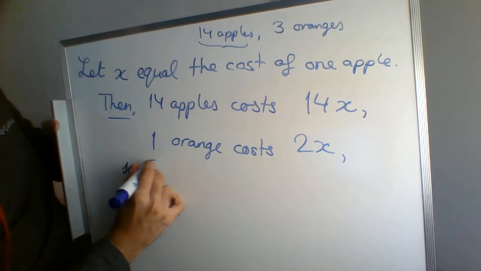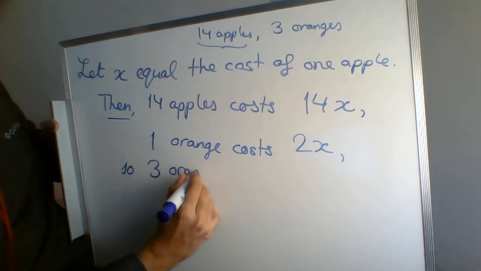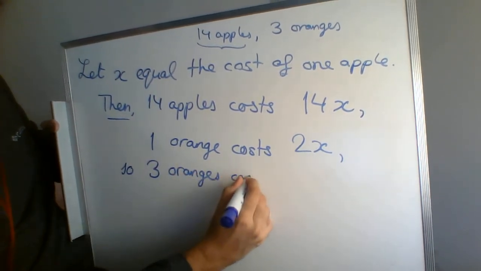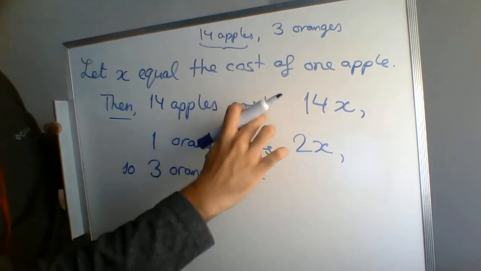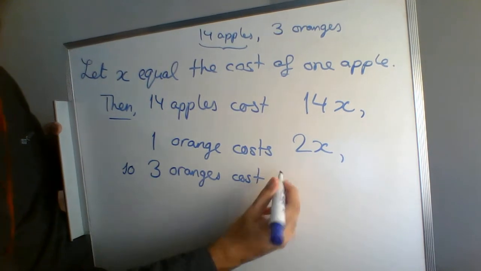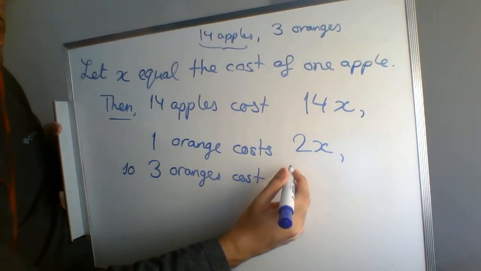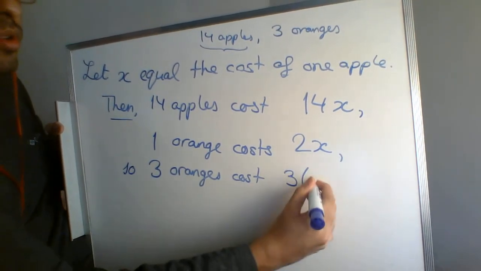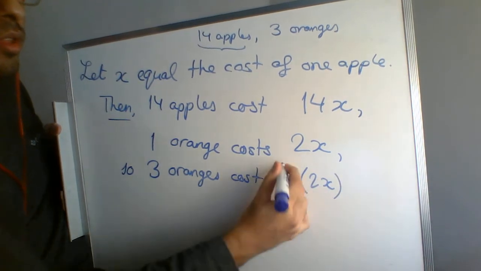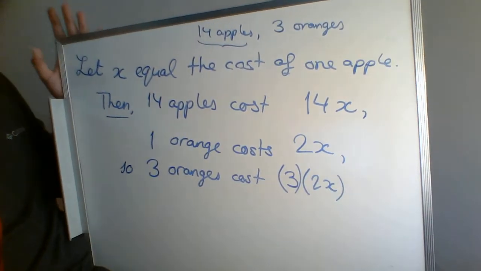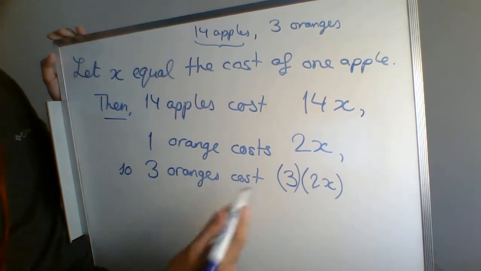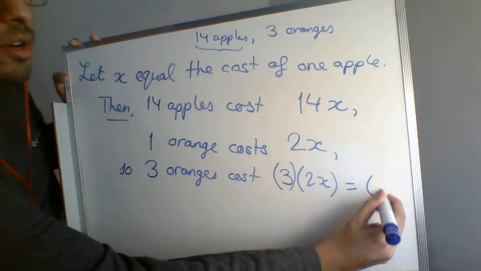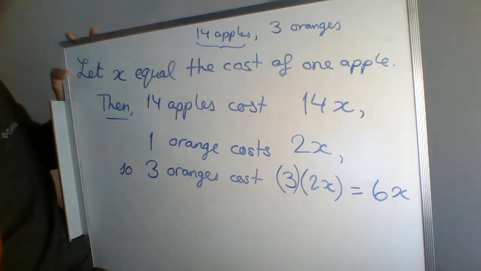So we get that 3 oranges will cost 3 times the price of 1 orange. 1 orange is going to be 2x, so 3 oranges is going to be 3 times that, or 6x.